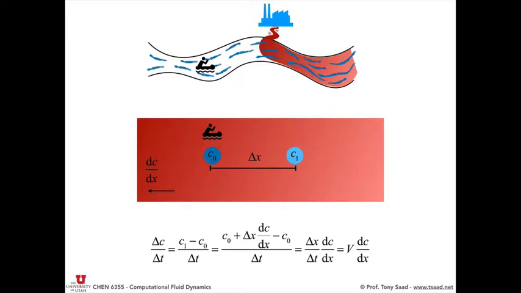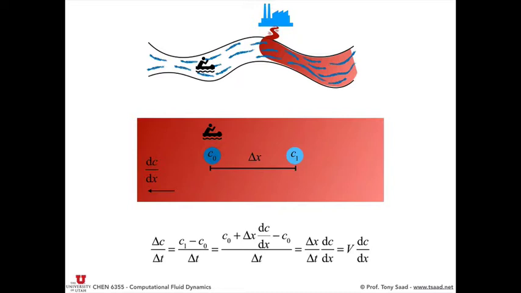is d of that quantity by dt, the local rate of change observed by an Eulerian observer, plus u, the velocity at which the material point is moving, or the relative velocity with respect to the river. But for simplicity, we're going to assume the particle is moving at the speed of the river or the flow. u dot the gradient of whatever quantity.